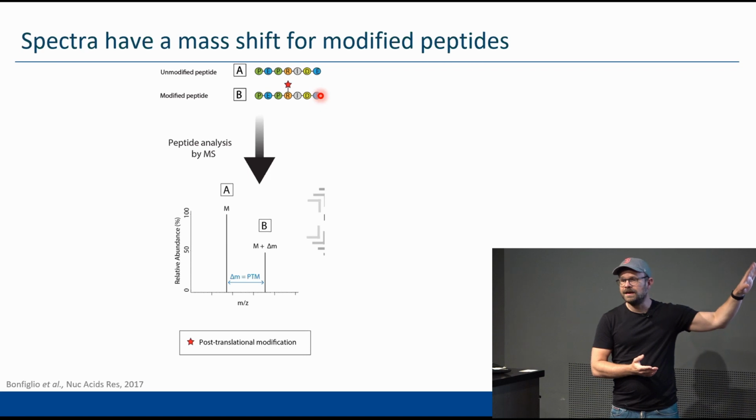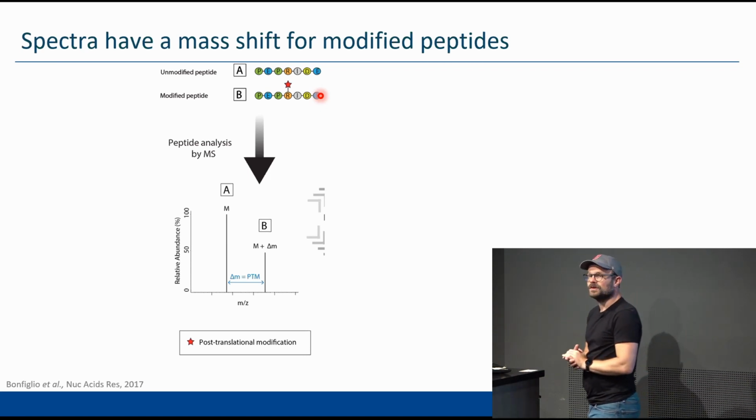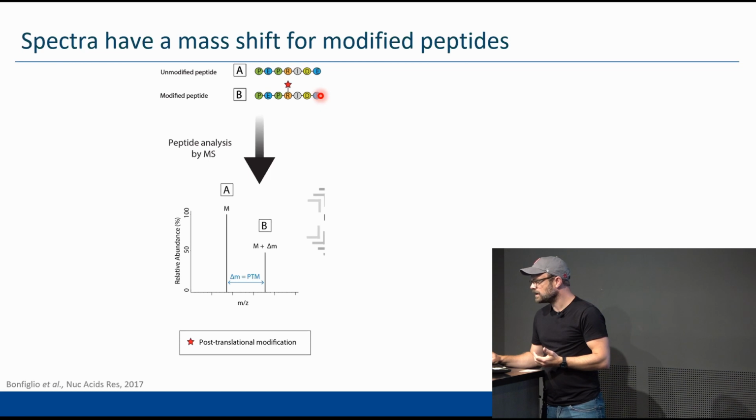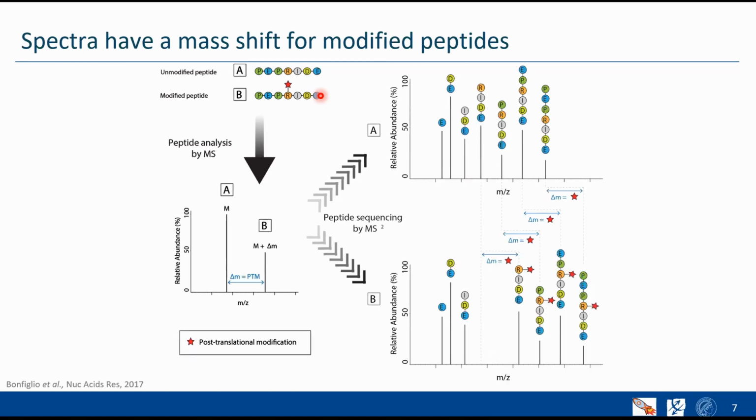In DDA, these peaks are then selected for fragmentation. They are precursors, and then we get MS2 spectra. If we compare these MS2 spectra, it's basically the same, but we see mass shifts of delta mass for many fragment ions. All the ones here on the right are shifted by the same delta, and this is caused by the fact that the modification is present in these fragments.